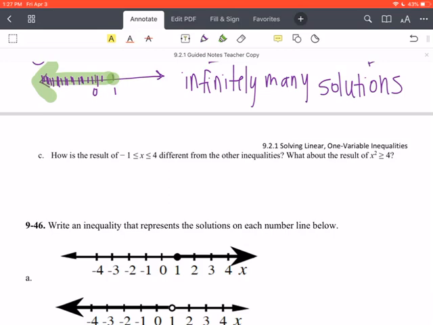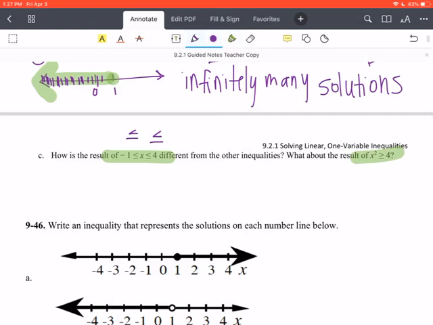Now, the final thing that we want to consider is the result of these two inequalities. We had x is between -1 and 4, where we have the gator mouth in both instances being less than, but we know that it means between, versus the result of when we had x squared is greater than or equal to 4.